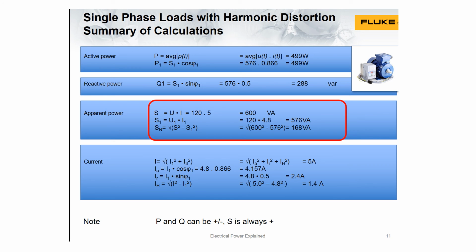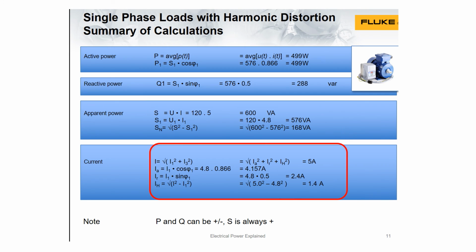The unified method allows us to find the active, reactive, and non-fundamental currents and voltages, which IEEE 1459 does not define explicitly. Our example only shows the current components, as we assume the voltage to be purely sinusoidal. Note that while P and Q can be negative, so pushing power back into the mains, S is always positive.